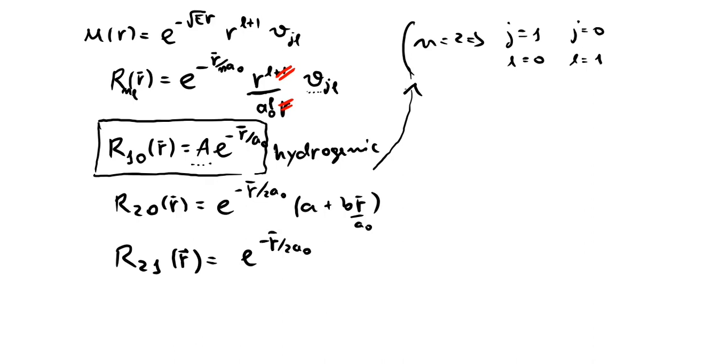L is equal to 1, so I still have this r over a0. But now L is equal to 1, which means that j is equal to 0, so I have a 0 order polynomial here. This is just going to be a constant in the end, let's say a bar, another constant that I put here, and this is the form of this function.